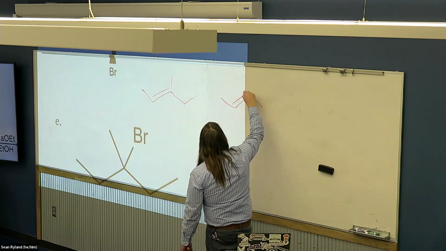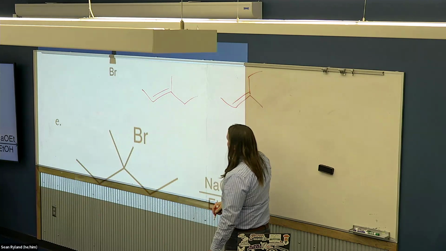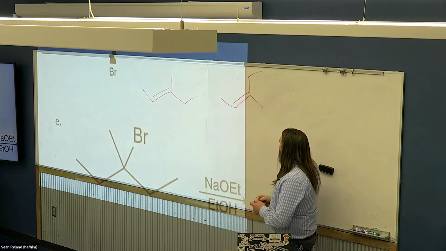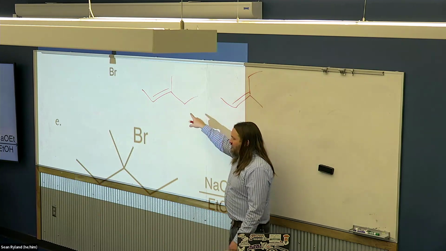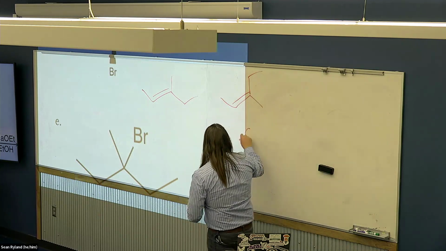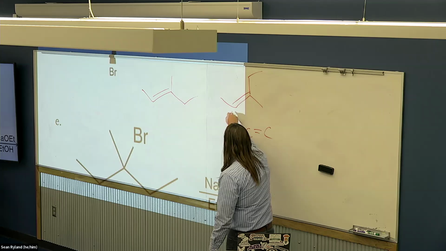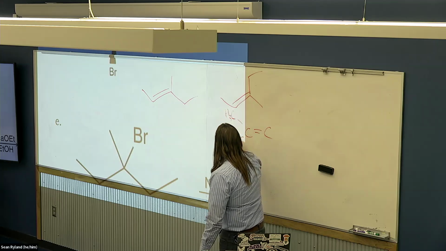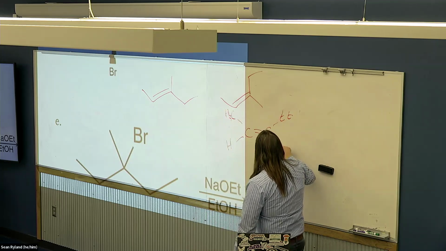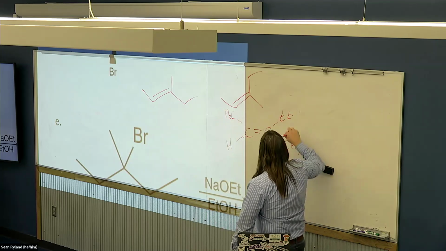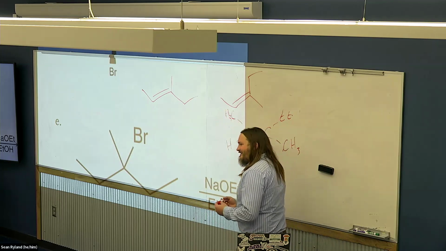This is an interesting one to draw out. In some cases, if you're trying to just draw the opposite of what you drew there, it could be easier to just draw the alkene part and then put methyl, hydrogen, ethyl, and methyl, so that all you have to do is switch those two.